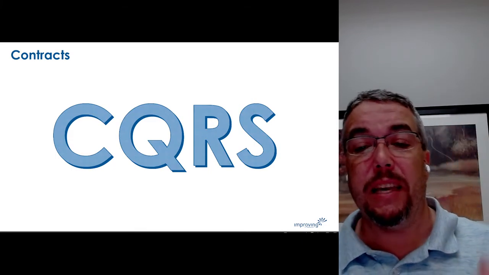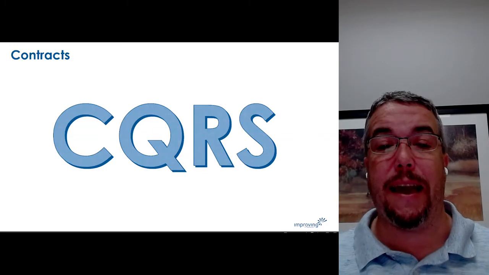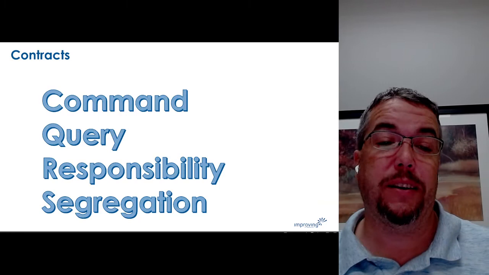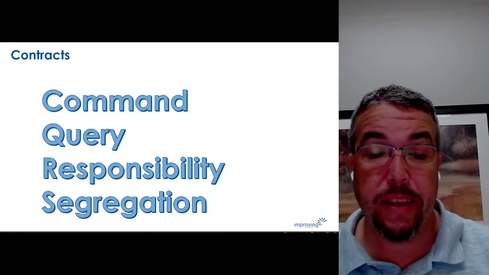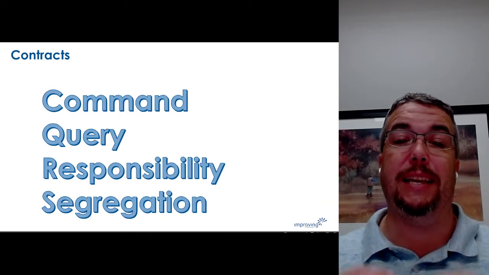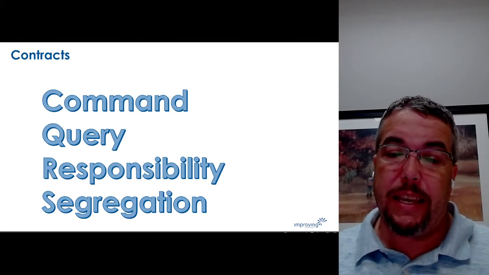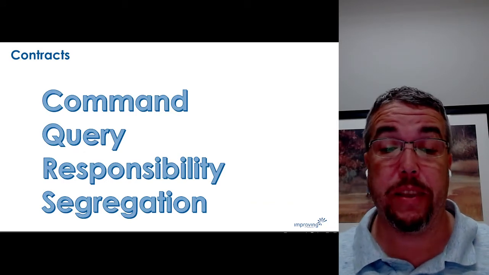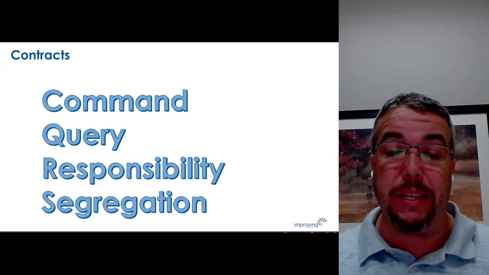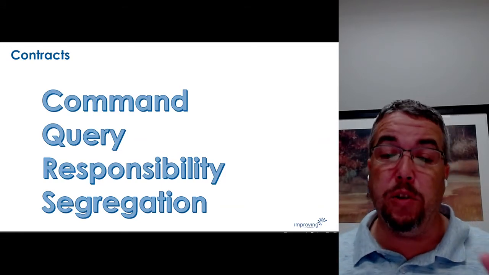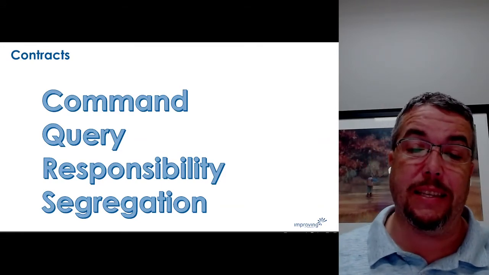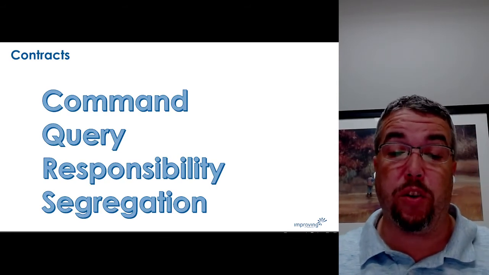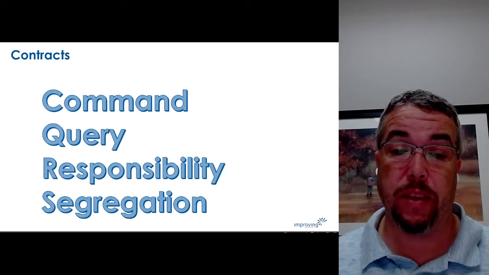Now, if you are not familiar with the acronym CQRS, it stands for Command Query Responsibility Segregation. And what this says, boiled down, is that when we are designing the contracts of our system, we need to explicitly separate those things which modify the state of our system, which are commands, and those things which query the state of our system, which are queries.